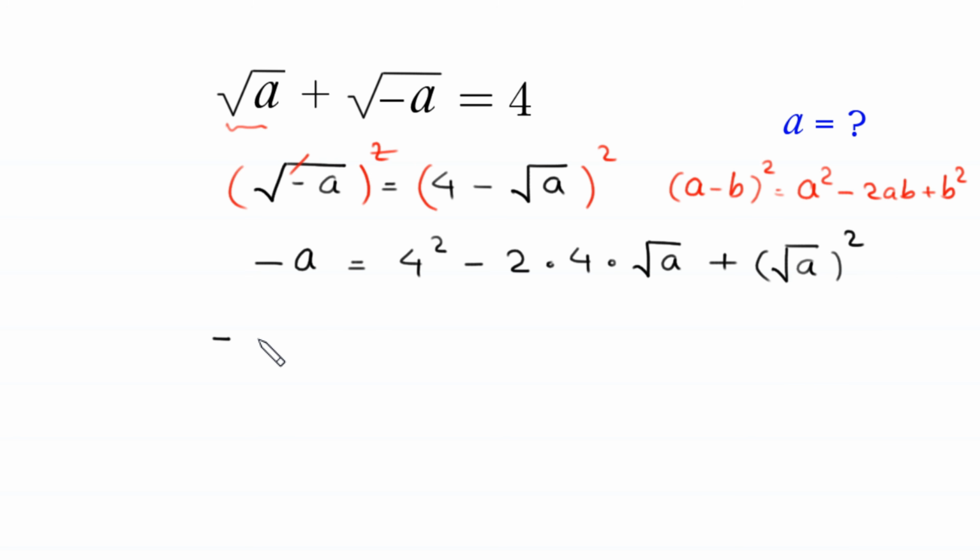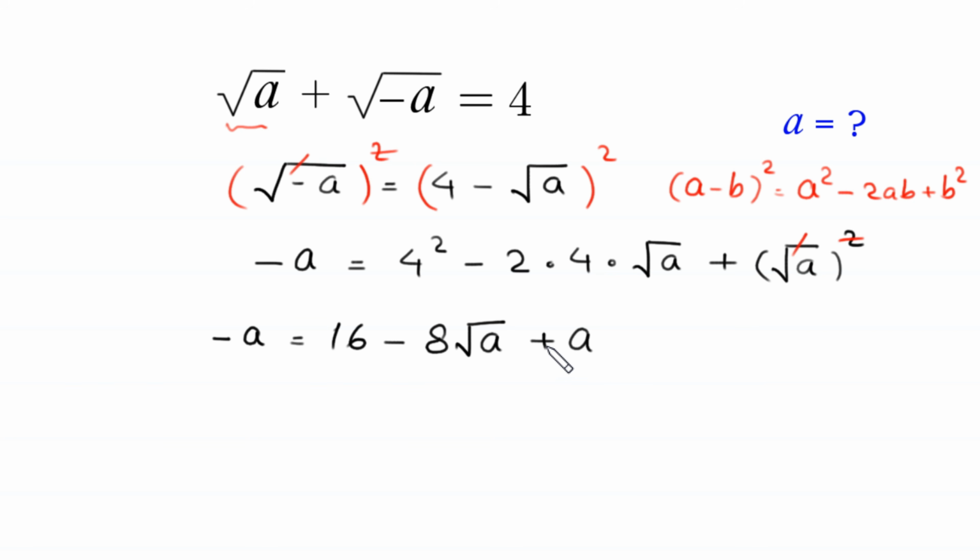Next, negative a is equal to this 4 squared is 16 minus 2 times 4, 8 times square root of a, plus this square will be cancelled out with this square root, and here we are left with a.